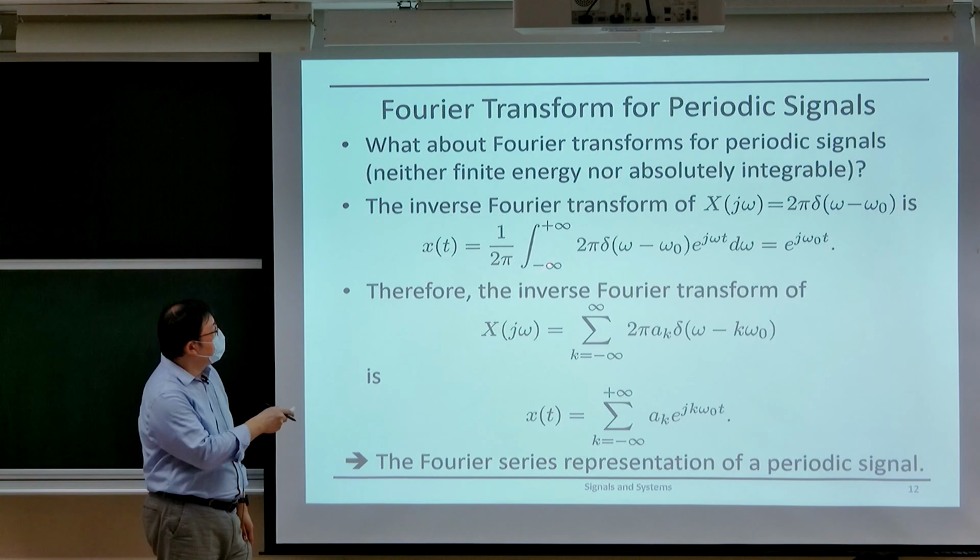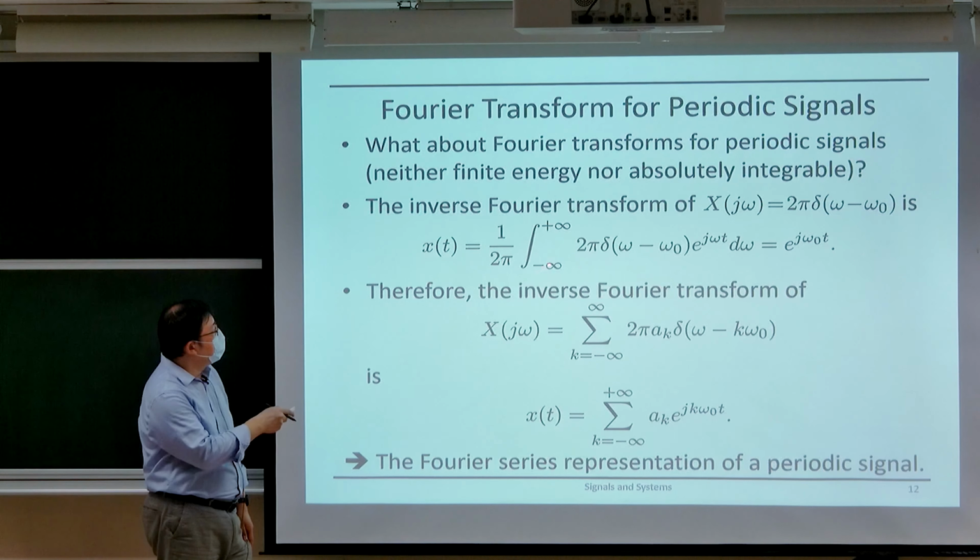And this relationship is also very intuitive, because when the time domain signal is just a pure frequency component at frequency omega naught, then you expect that the spectrum should be non-zero only at that value, okay? All right.